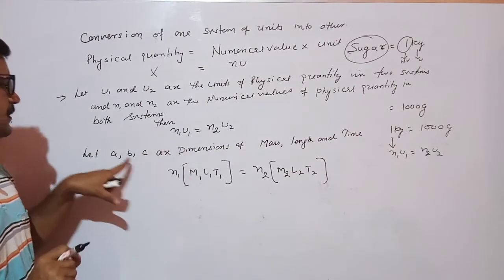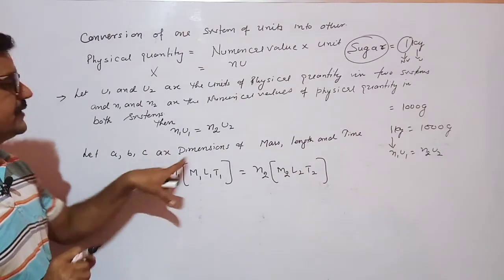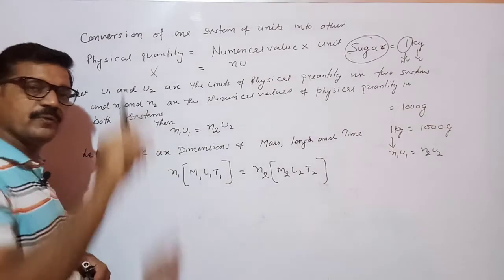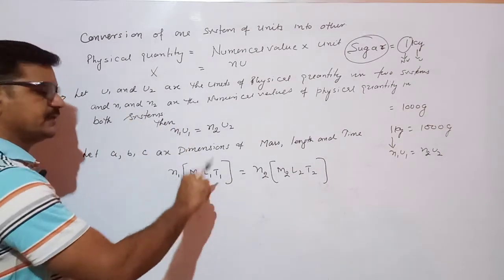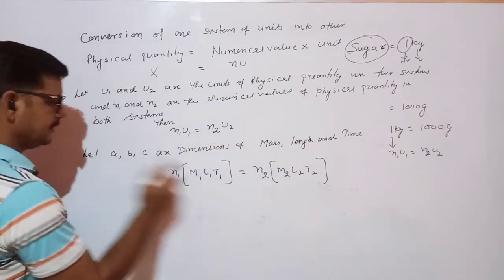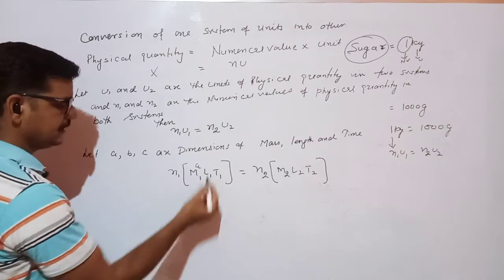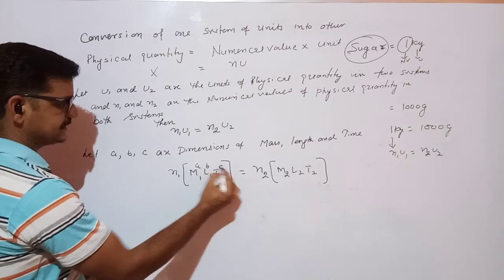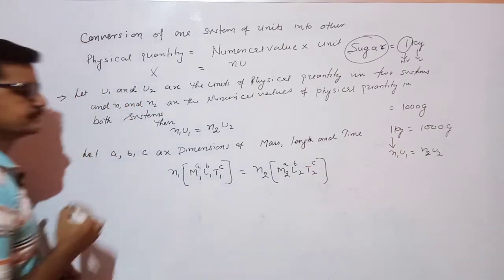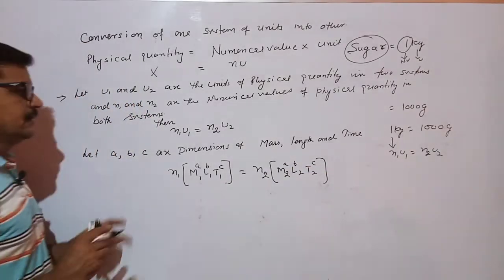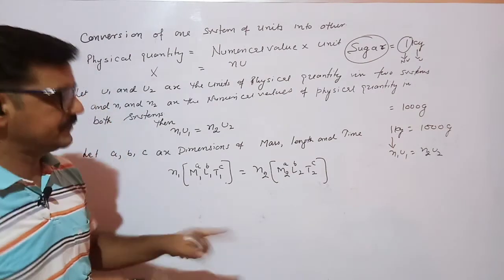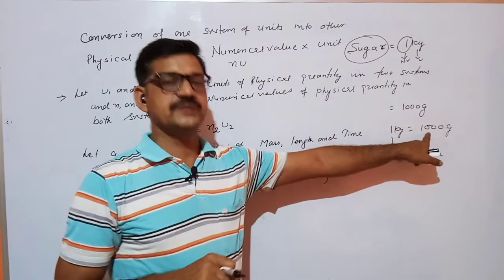So we suppose that a, b, c are the dimensions of mass, length and time. Dimensions mean the powers to which mass, length and time are raised. So the power of mass is a, here b, c, same here a, b, c. Now we have to convert one system of units into another. So what we see here is that the numerical value changes.